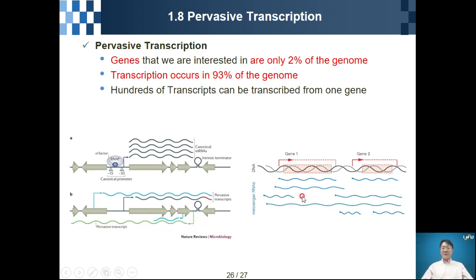Transcription occurs nearly everywhere. So due to pervasive transcription, hundreds of transcripts can be transcribed from one gene. Usually one mRNA should be transcribed, but we found that hundreds of transcripts can be transcribed from one gene. Why is this kind of phenomenon happening?